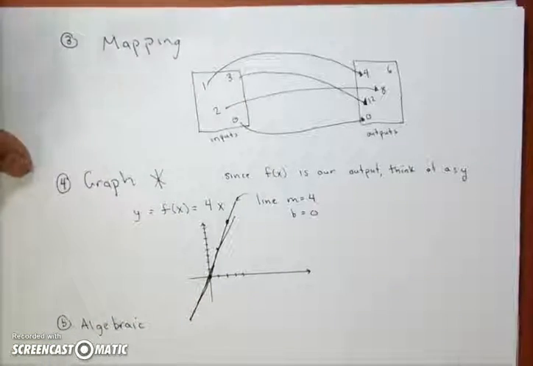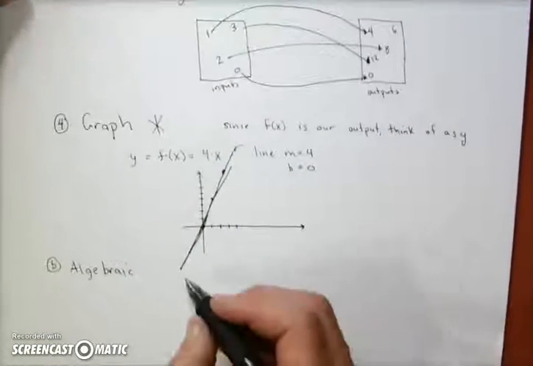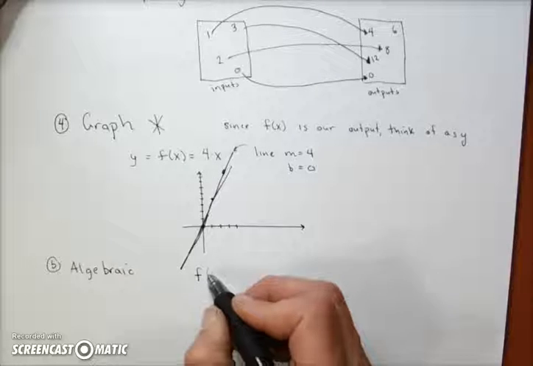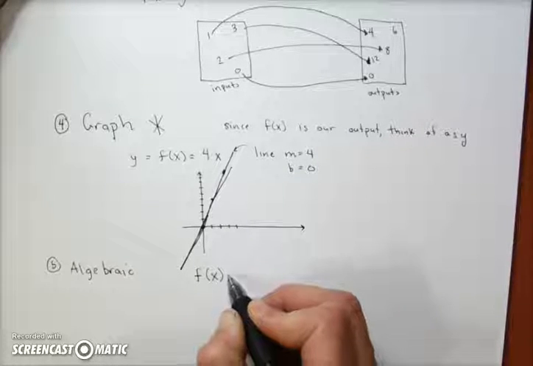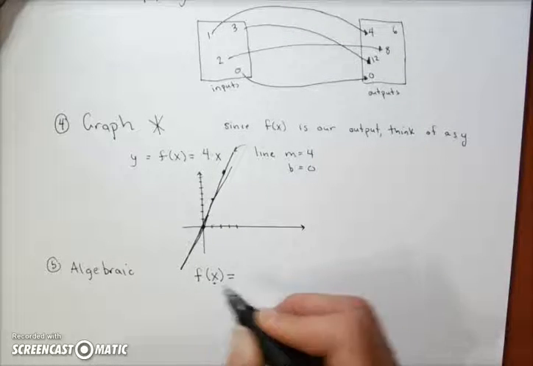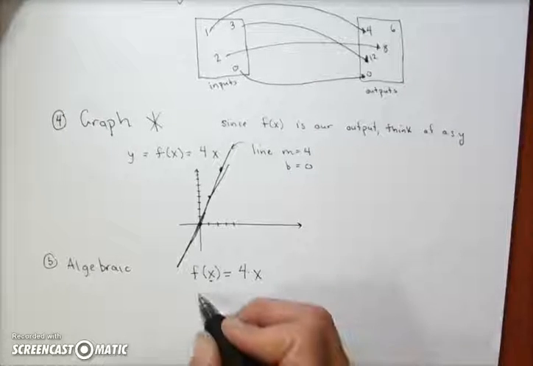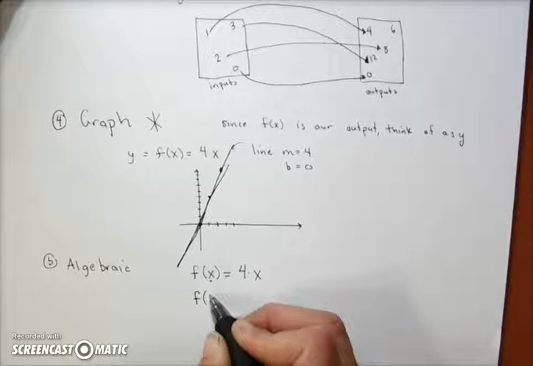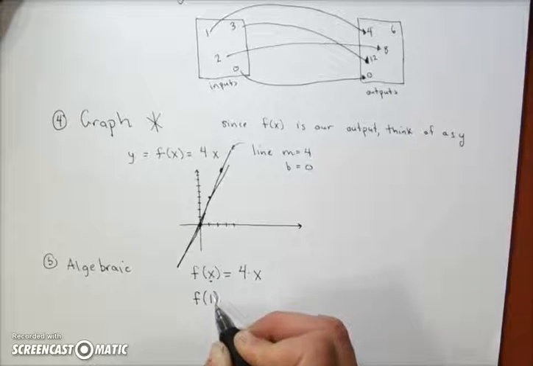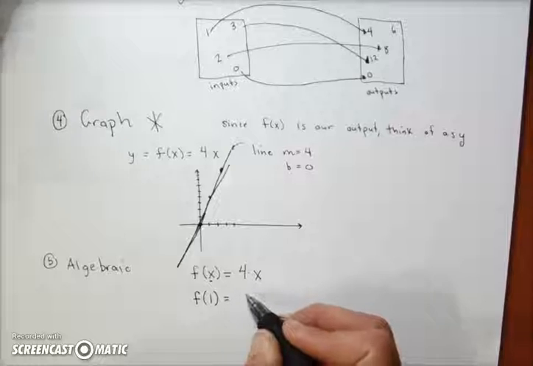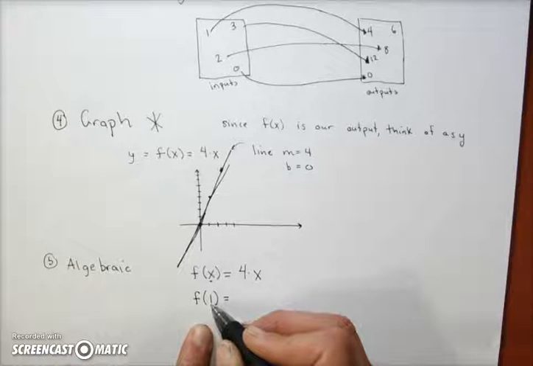And finally is the algebraic approach, but we've already been using this. This says, write down the rule for your function in terms of the input. So if I input x, my output is 4 times x. So for example, if I want to know what's the output when the input is 1, I just plug 1 into the function.